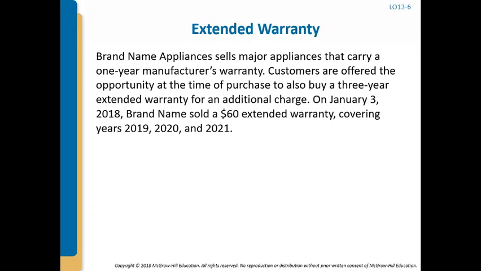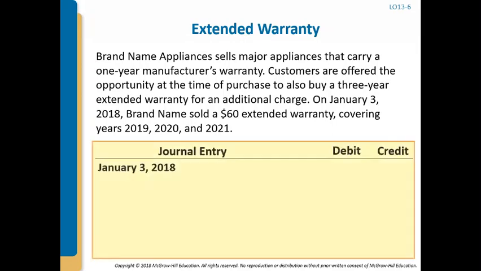On January 3rd, 2018, brand name sold a $60 extended warranty covering years 2019 through 21, and so they're going to recognize this as a liability, warranty liability up front, or at least as deferred revenue, warranty revenue, and then over the life of this 3 years, they're going to recognize revenues of $20 each year.